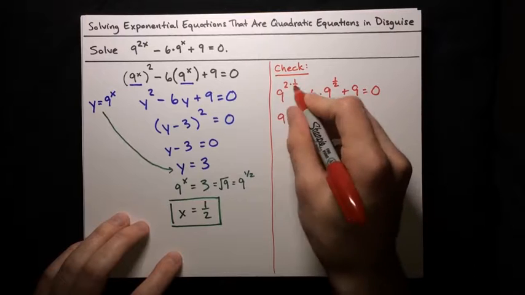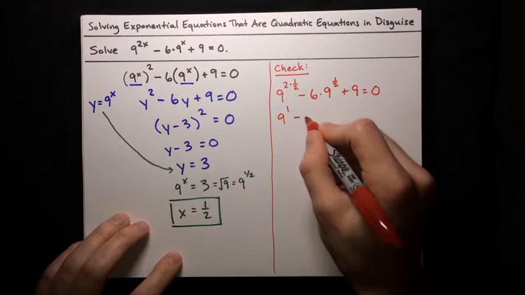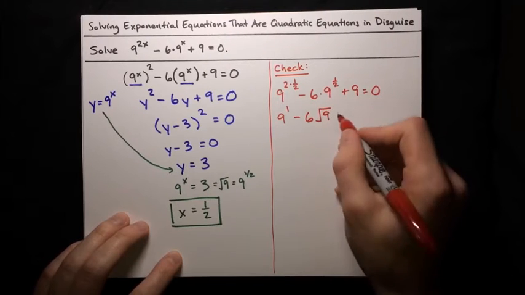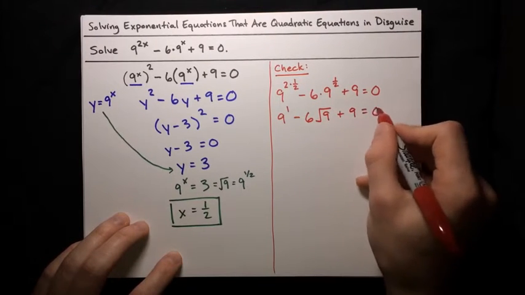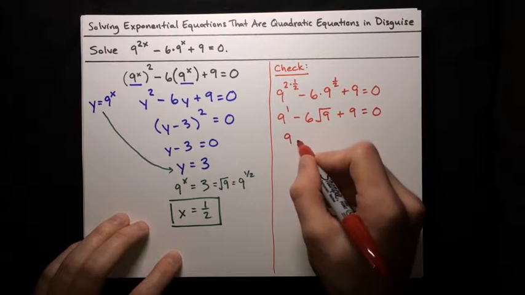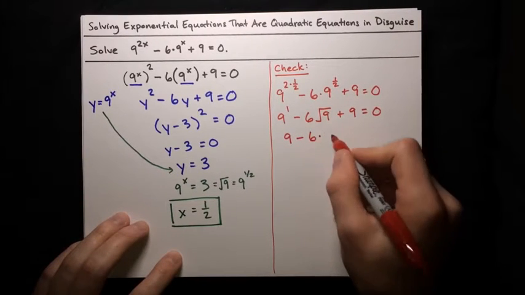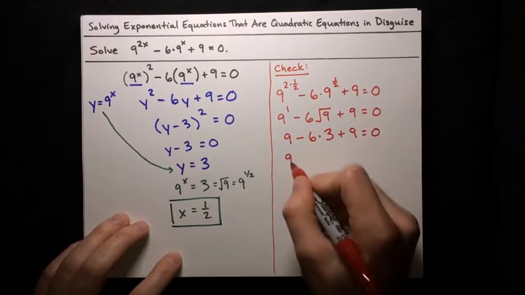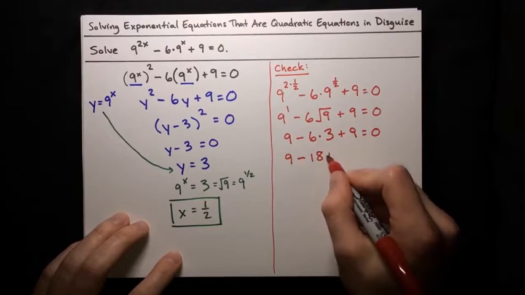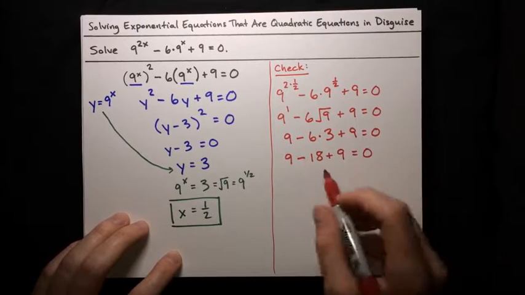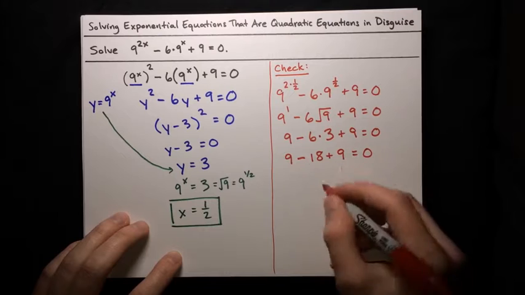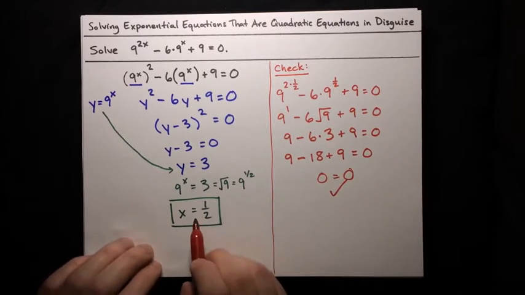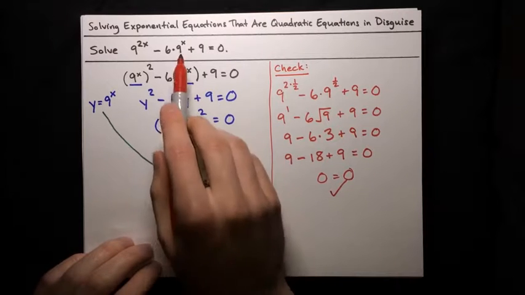So this is 9, 2 times a half is just 1, then minus 6 root 9, exponent of half is just root, and then plus 9 is equal to 0. Okay, so that's just saying 9 minus 6 times, well, root 9 is just 3, and then plus 9 equals 0. So 9 minus 18 plus 9 equals 0, and well, 9 and 9 make 18, subtract 18, you get 0 equals 0, and hey, it checks out. Great, so this is definitely for sure the correct solution to that equation.